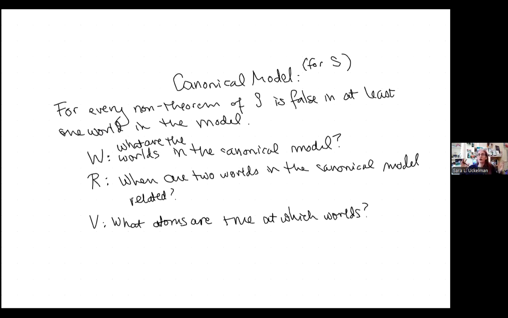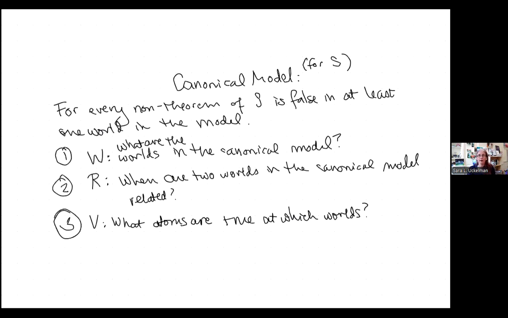And then once we have constructed this model, we will show that it has a particular characteristic, which is what allows us to do all of the steps that we need to do for completeness. But I will say a bit more about what that is once we get closer to actually constructing the model. These are the things that we're going to be focusing on in the coming videos.